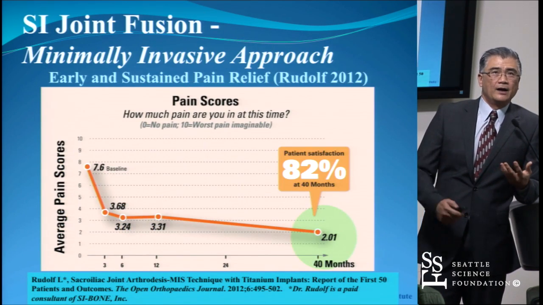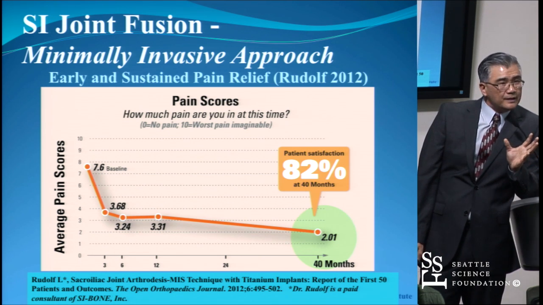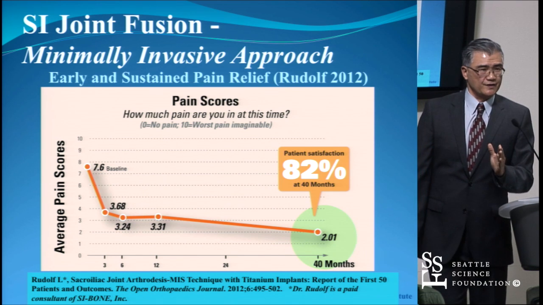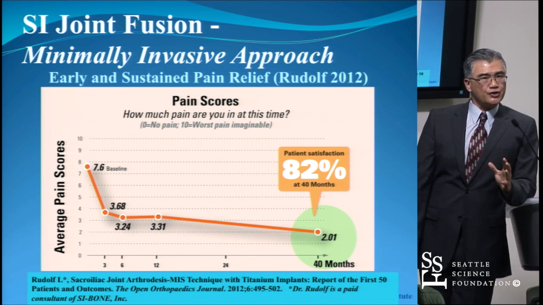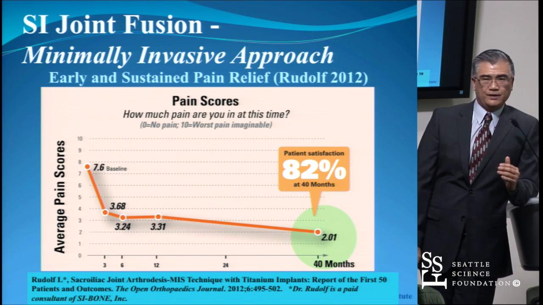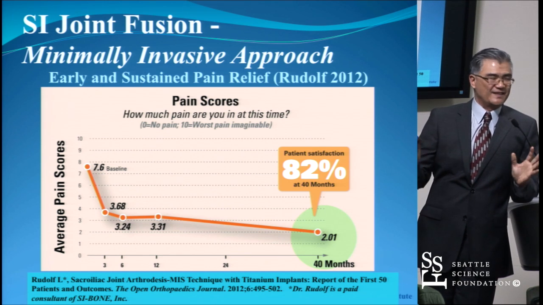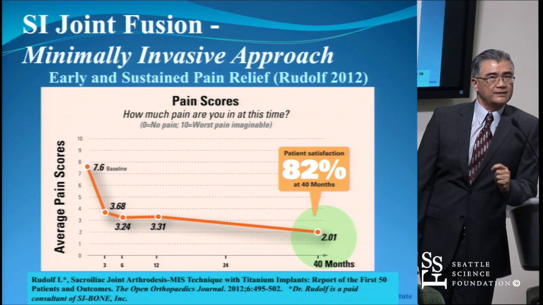So this is from the study to show that if you can make the correct diagnosis, the yield, I mean the rate of patients getting better, is really high. It's about 82%. Still, there's no 100% success surgery. We all know that. But the key thing is to make the correct diagnosis.